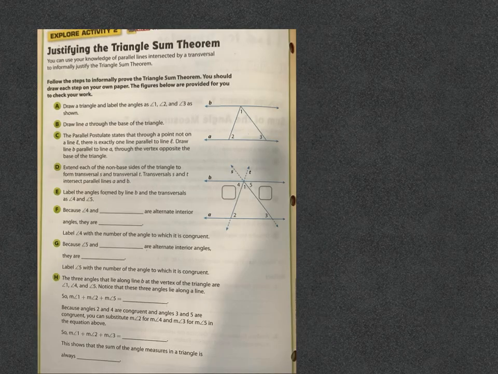This goes on to continue justifying that triangle sum theorem where every angle inside of the triangle adds together to 180 degrees. And so they justify using what you previously learned on your transversal with the parallel lines.